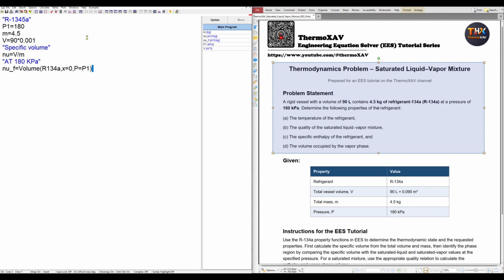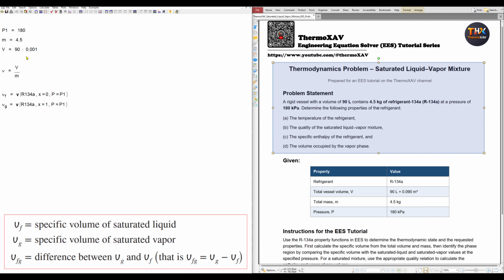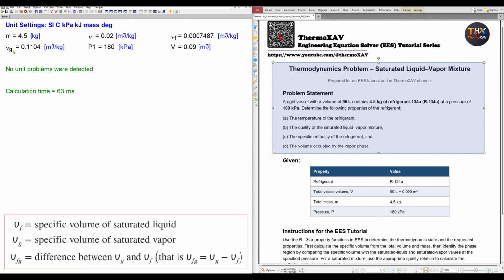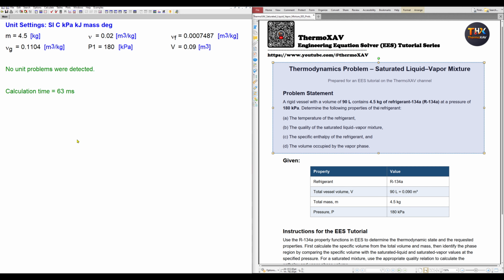So I will copy this one, paste, and change it to nu g, volume of the refrigerant, but this time quality is equal to 1. We can see this in the formatted equation also. This is our equation, Vf and Vg, and then I can simply solve this one. As you can see here, this Vg is equal to 0.1104, roughly the same as this value.